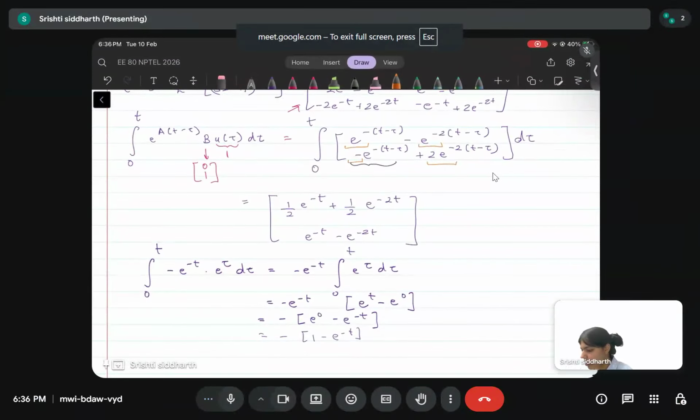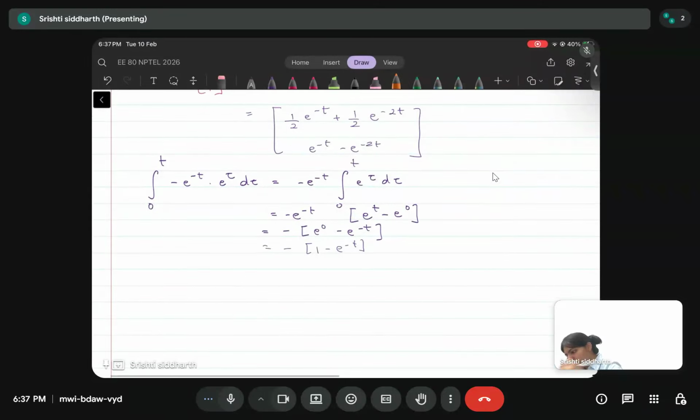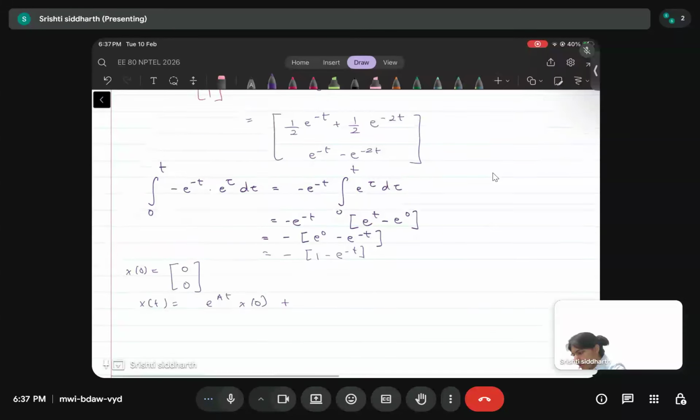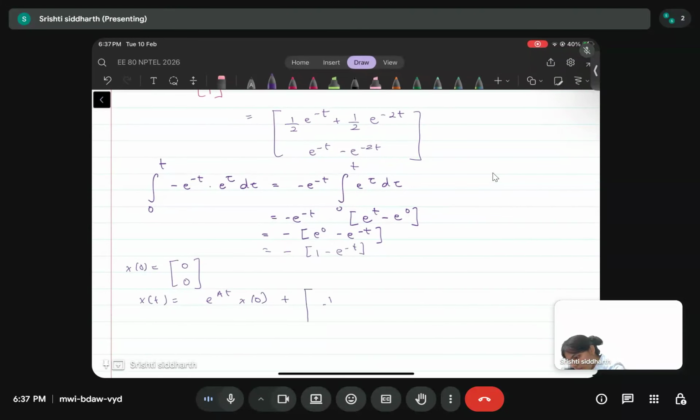Alright, so we still have to find the solution. Let's assume some initial condition. Let's say that at time 0 the system was at the origin.